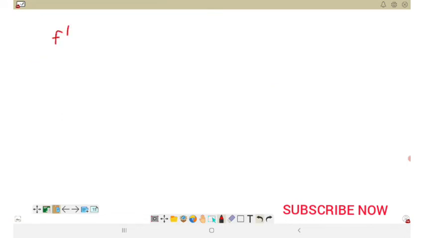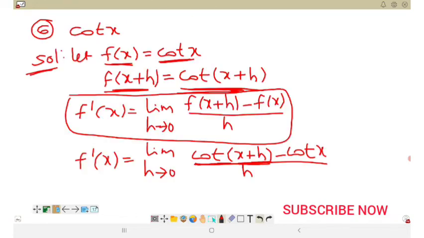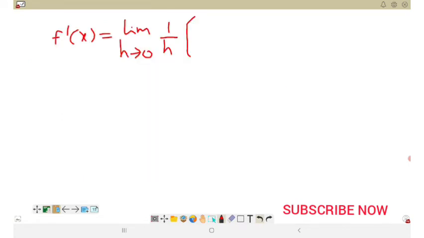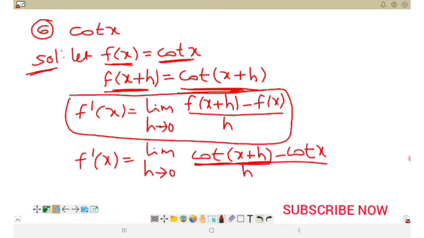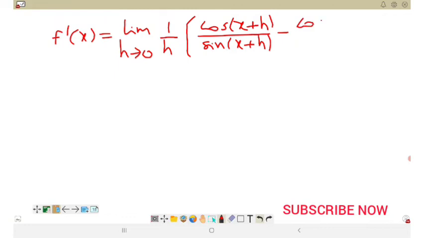Now f dash of x is equal to the limit h tends to 0 of 1 by h into cot of x plus h, which is cos of x plus h by sin of x plus h, since cot is equal to cos by sin, minus cot x, which equals cos x by sin x.